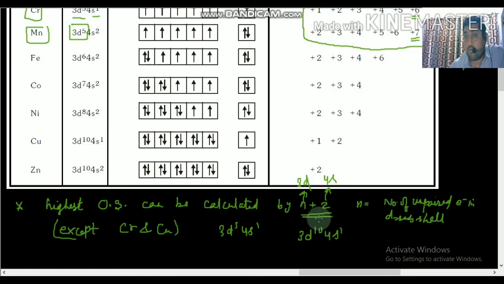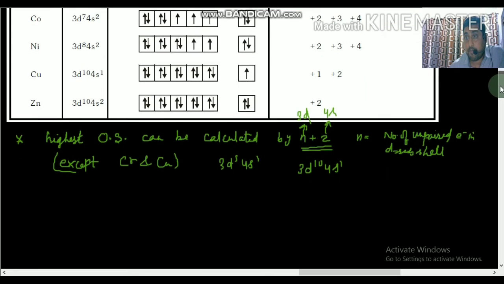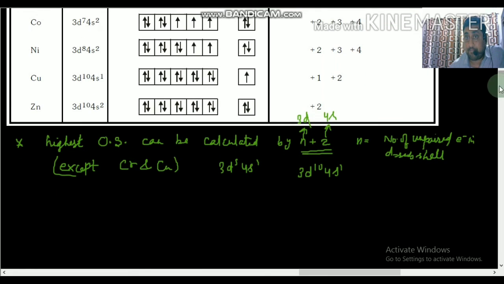So there the rule will be n+1 in the case of copper and chromium, and in other cases it is n+2, by which you can calculate the highest oxidation state.